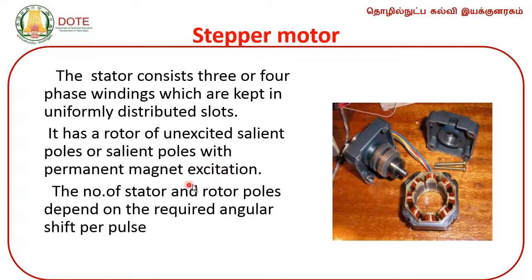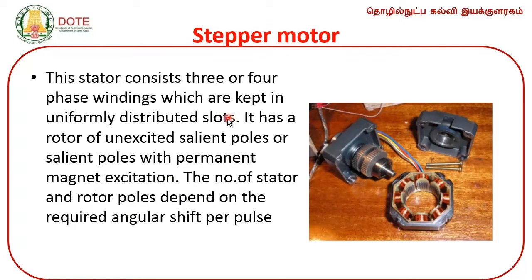The number of stator and rotor poles depends upon the required angular shift per pulse. So, how many degrees you want the stepper motor to move in each step, depending upon that only your stator and rotor poles are designed.